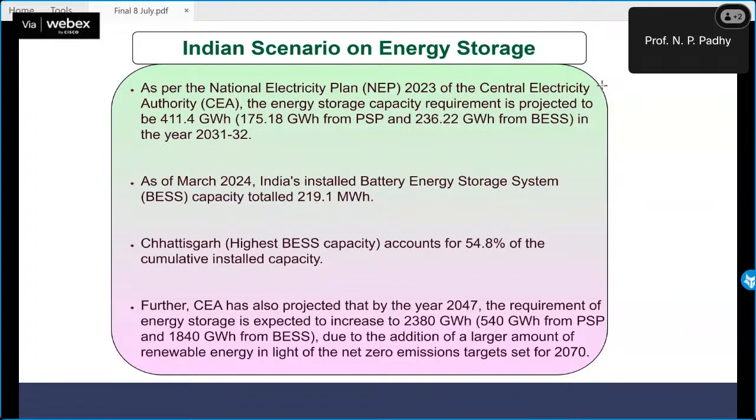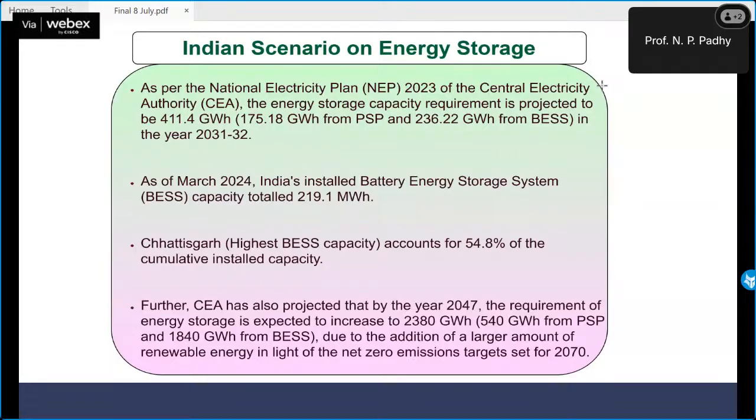So we are expecting a huge amount, because 230 odd gigawatt hour from battery means we are expecting close to 1,000 gigawatt from renewable energy. Am I right? And it's a very ambitious target. So instead of 2030, maybe it happens around 2045, but certainly it is going to happen for sure. There is no doubt about it.